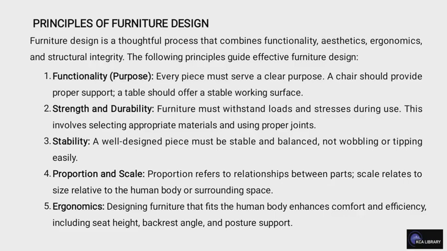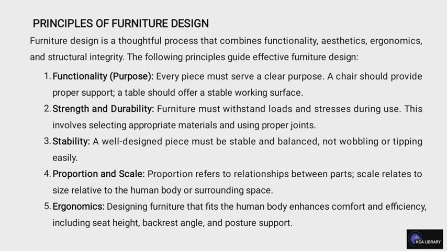The next principle is strength and durability, where we talk about furniture must withstand load and also stresses during use. This involves selecting appropriate materials and using proper joints. The next one is stability, and a well-designed piece must be stable and also balanced, not wobbling or tipping easily. Another is proportion and scale.